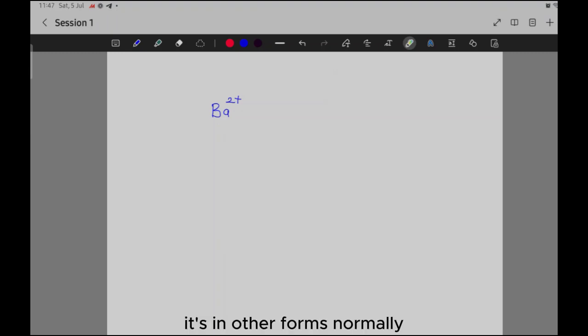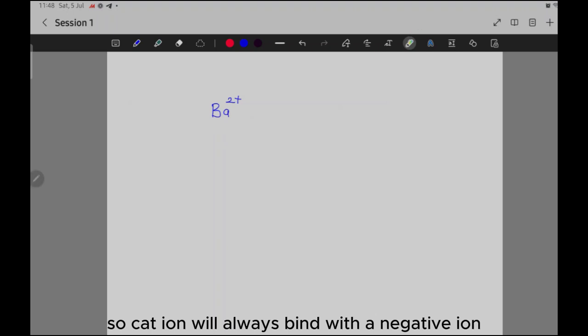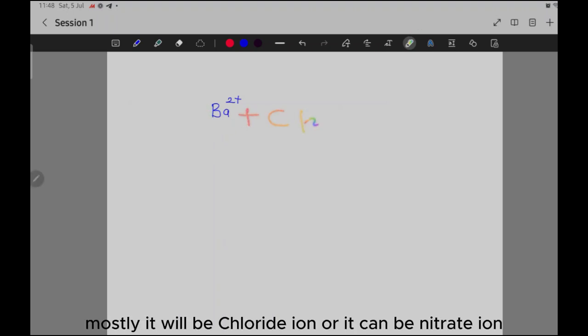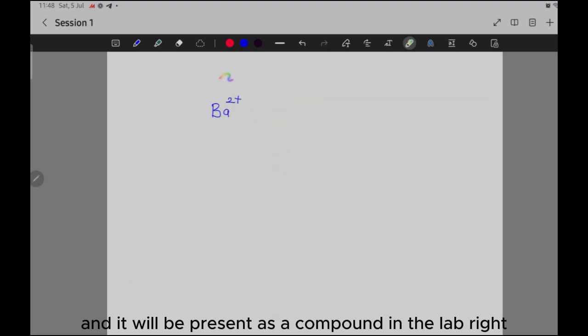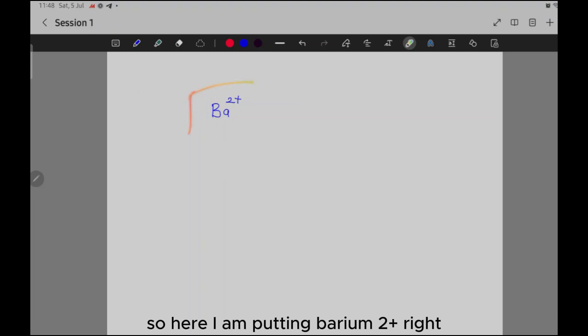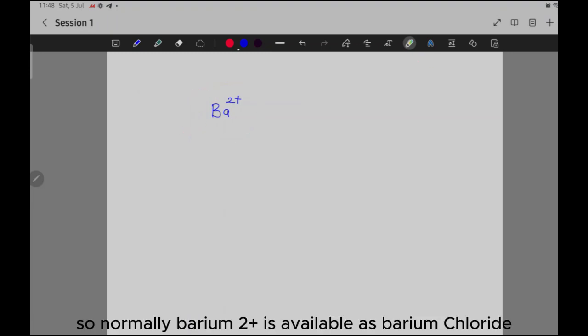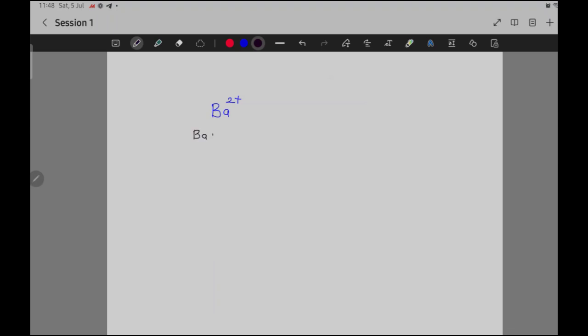It's in other forms. Barium 2 plus is a cation, and a cation will always bind with a negative ion. Mostly it will be chloride ion, or it can be nitrate ion, and it will be present as a compound in the lab. So barium 2 plus is normally available as barium chloride, or as barium nitrate.